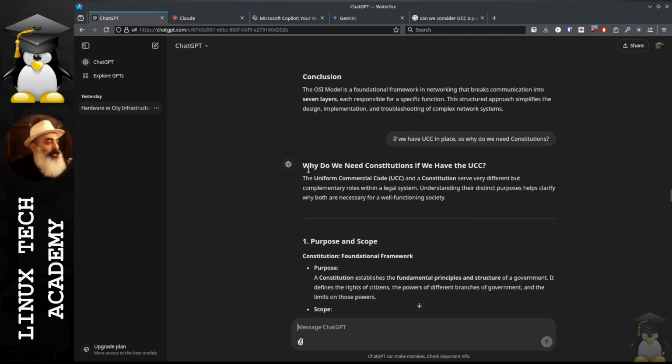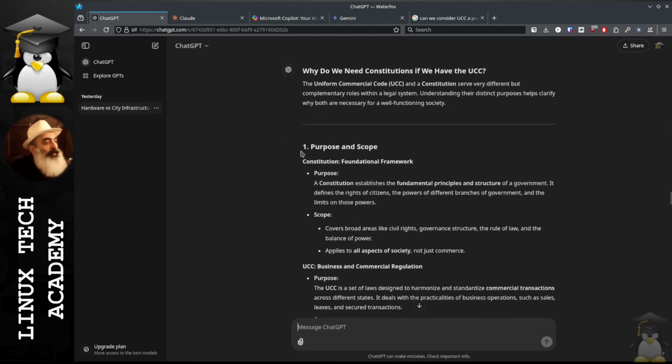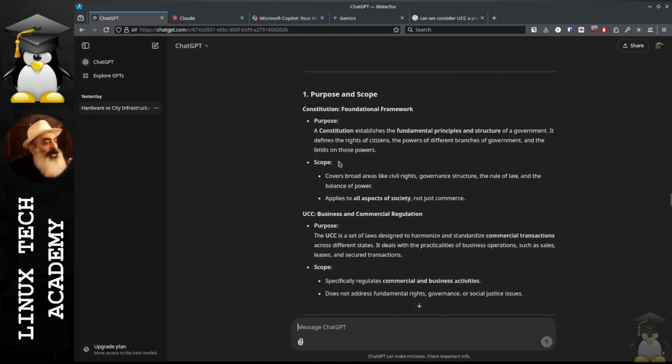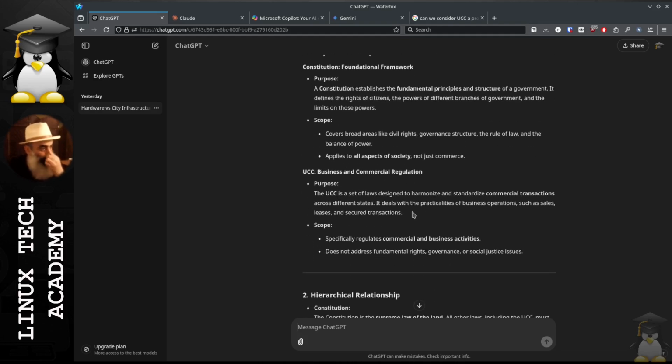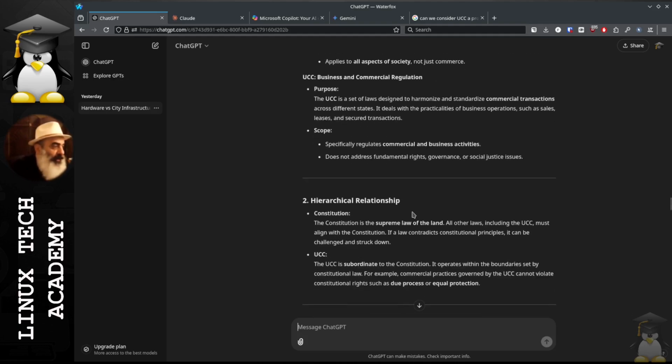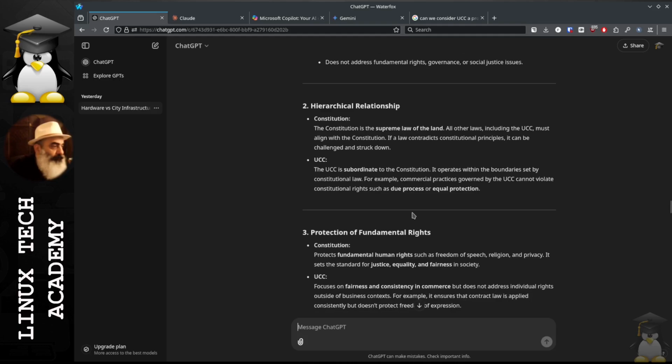Here is what I wanted to show you. ChatGPT, why do we need a constitution if we have UCC? The way ChatGPT broke it down was really awesome. Again, this is something very important I want to say here.